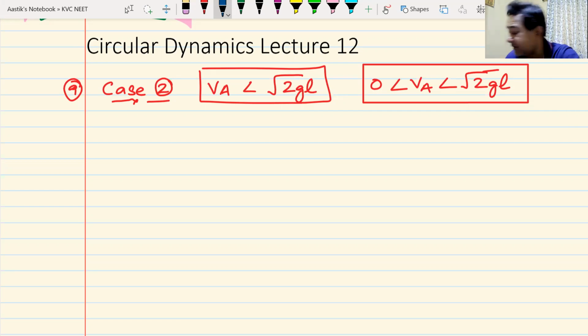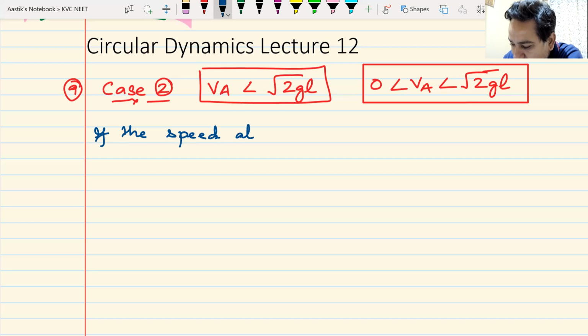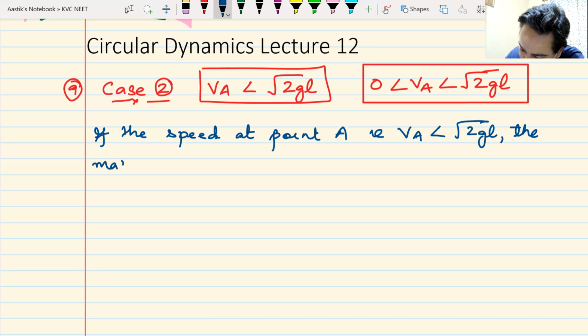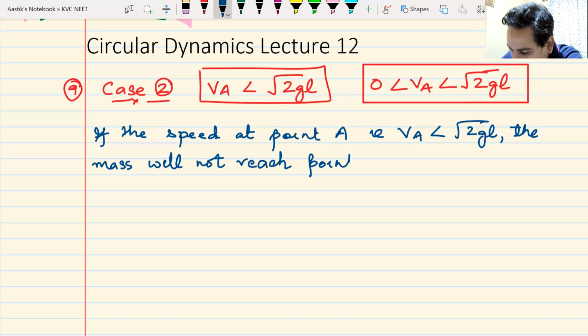Then the simple thing that will happen, so you will write it down now, if the speed at point A, that is VA, is less than root 2GL, the mass will not reach point B, and that is the important aspect.